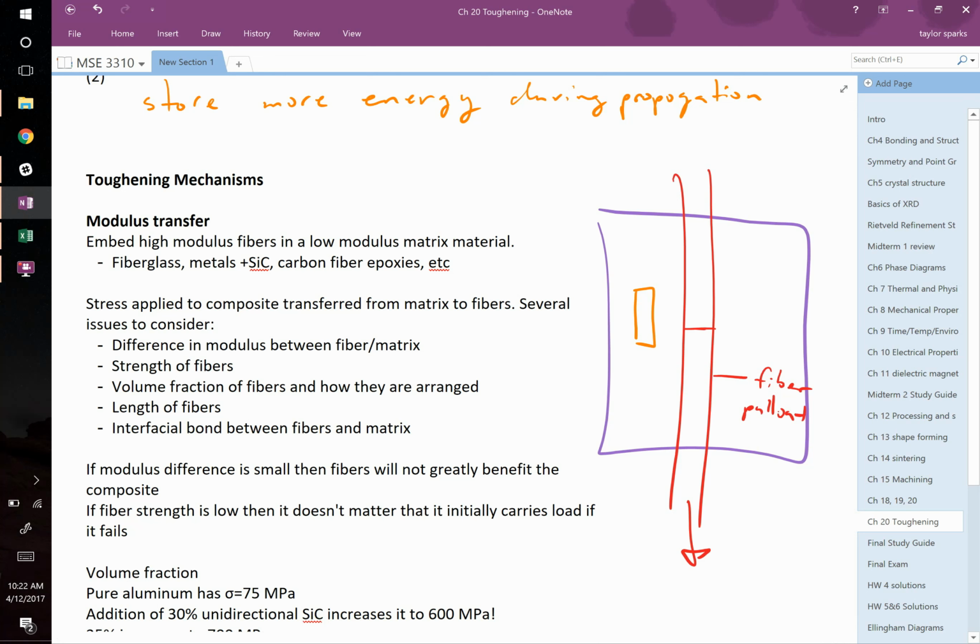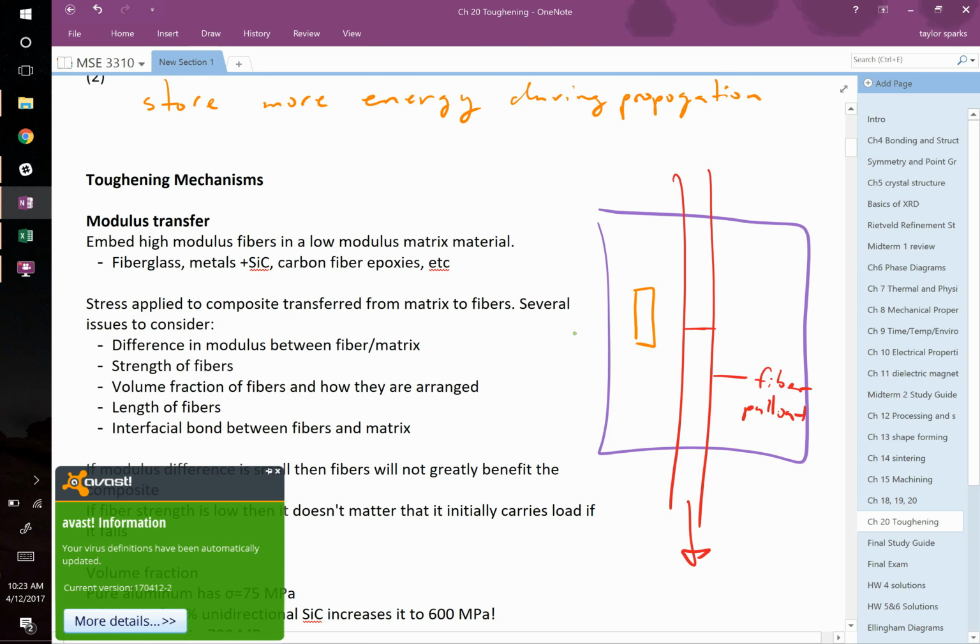The bond, what about this bond? What if that bond between the fiber and the matrix is really, really strong? Is that good or bad? Why is it bad? A crack that comes through this thing might just split all the way through it, and without being able to pull the fibers out, you don't get that extra friction, that drag force that's storing energy, so you don't get the benefit.